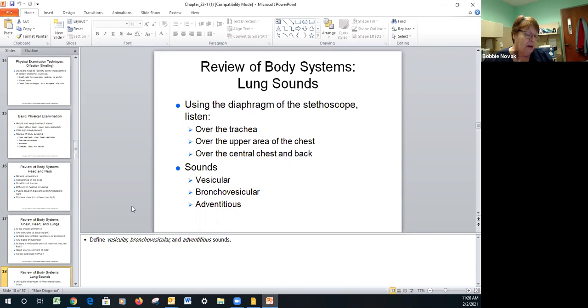You're going to hear bronchial breath sounds right up here around the trachea and in the bronchial tube here. You're going to hear bronchovesicular sounds in the middle of the chest and then vesicular sounds on the outer edges of the chest. Because remember, your lungs have your bronchioles that split again into little alveolar sacs. So that's where you're going to hear the vesicular sounds.